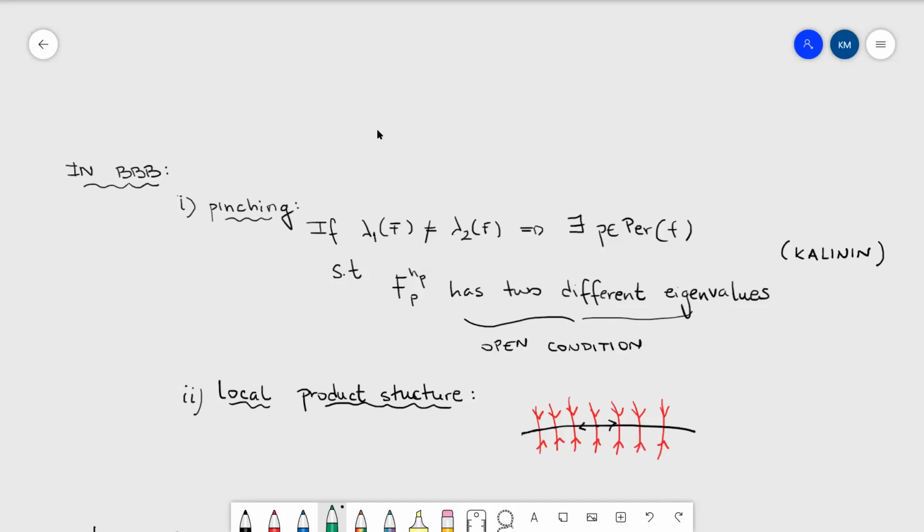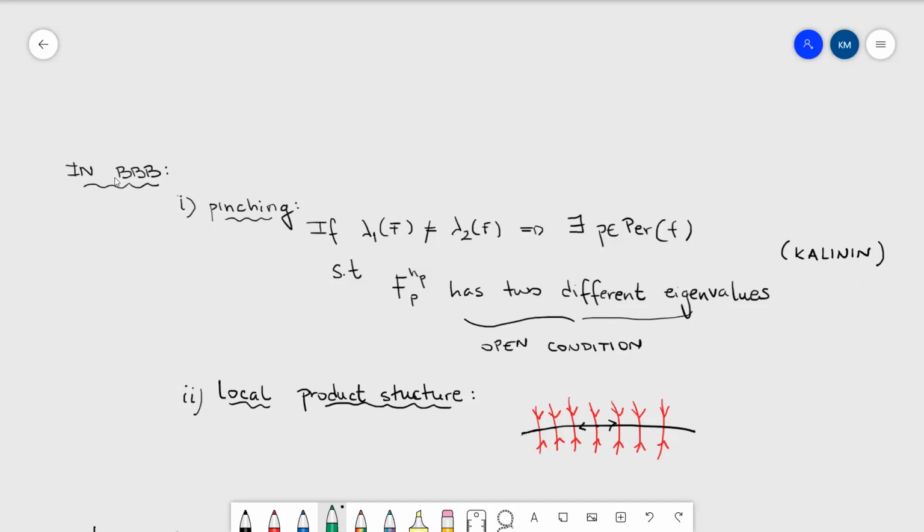So the first one I'm going to call pinching. That is the following. When I'm in this setting, my base is an Anosov. I'm with a linear cocycle of dimension 2, and I have different Lyapunov exponents. I can guarantee that there exists a periodic point such that when I look to the linear cocycle at this point, here is the period of my point, then this map has 2 different eigenvalues. This is a consequence of the result of Kalinin.